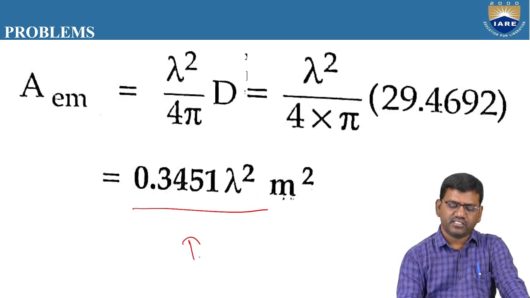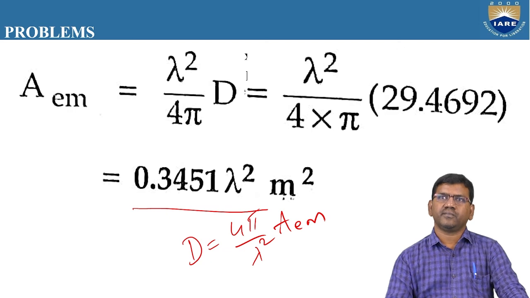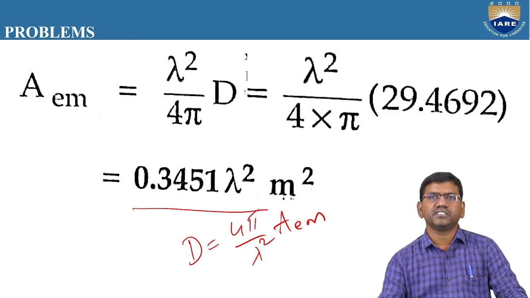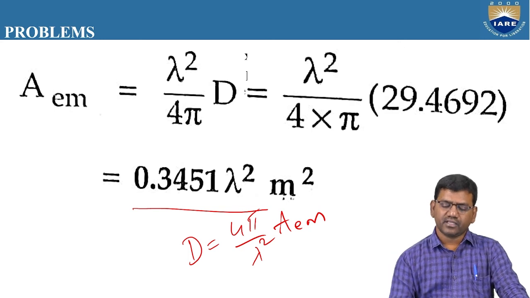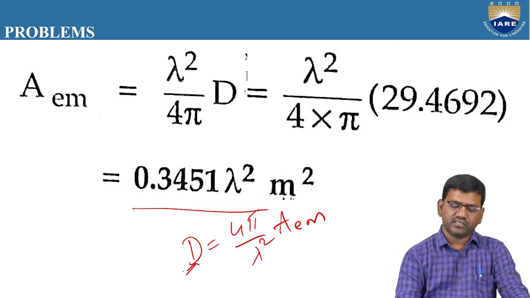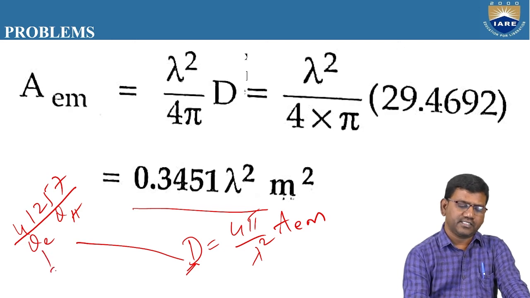So finally, D is equal to 4 pi by lambda square into AEM. This is the relationship between the directivity and the maximum effective aperture. In the given data, D is not given, so to determine D there is a formula, 41,257 by theta E into theta H. Theta E is given as 30, theta H is given as 40.